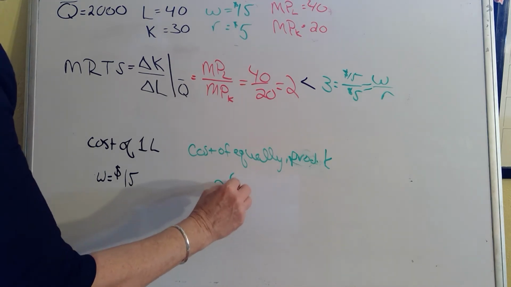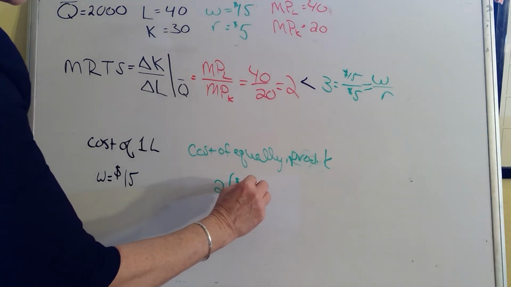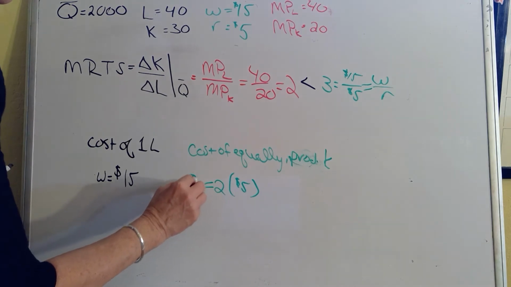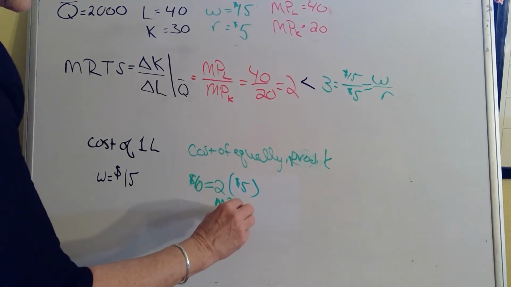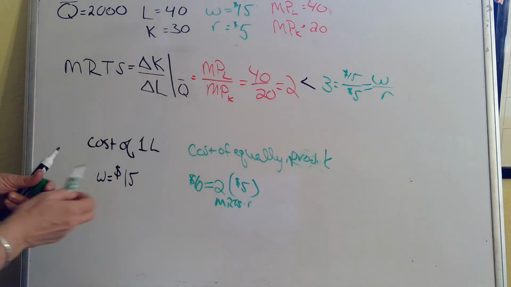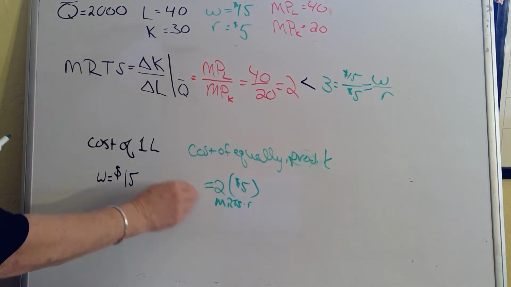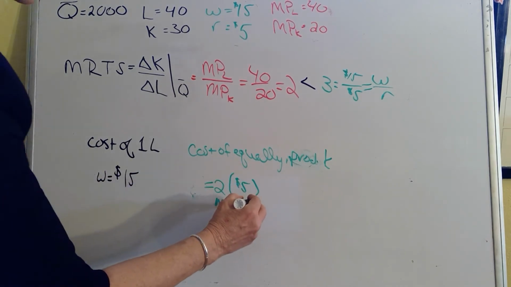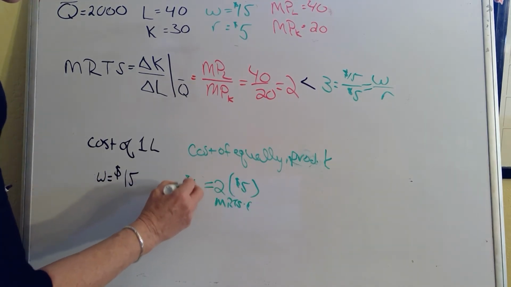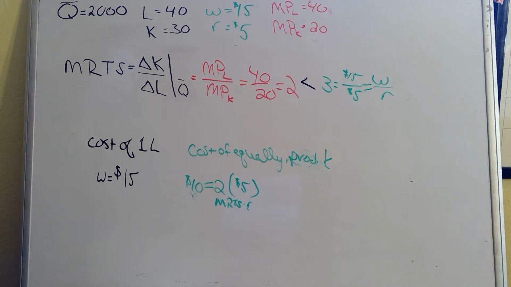I need 2 capital to be just as productive, and each one costs $5, or $10. So this is the MRTS times the rental rate of capital. Each worker replaces 2 capital. Each one of those capital costs $5. So a unit of labor costs $15. An equally productive amount of capital costs $10.